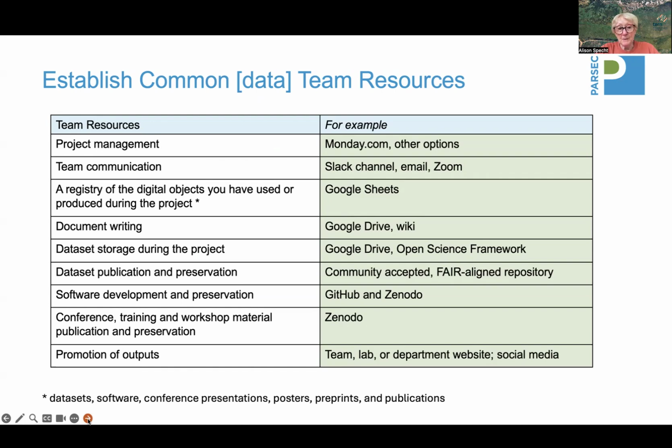Dataset publication, a community accepted, FAIR aligned repository, data and digital object publication, of course, it should be. And software development, GitHub, together with a thing called Zenodo, which is also a publication tool for data as well. We tended to put all of our non-refereed publications in Zenodo.